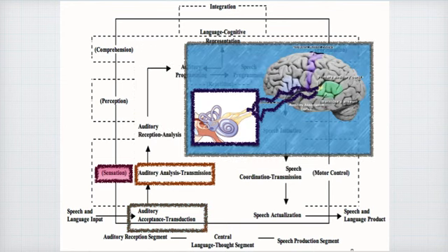Next is auditory analysis and transmission. In the cochlea, the information is coded, including information about duration and intensity, without processing yet. And then electric waves are sent to the primary auditory cortex.